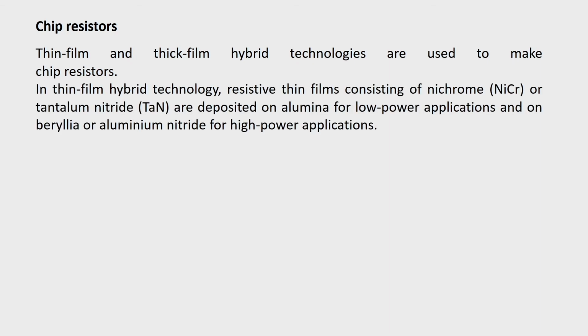In thin film hybrid technology, resistive thin films consisting of nichrome or tantalum nitride are deposited on alumina substrate for low power application, and on beryllia or aluminum nitride for high power applications.